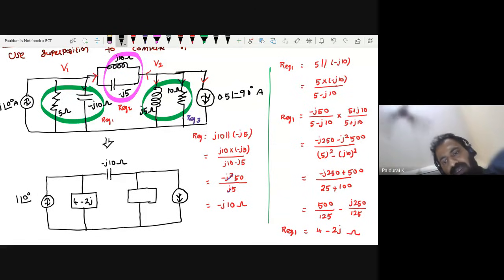Now what is R equivalent 3? This is 0.5 at an angle of minus 90 degree ampere.